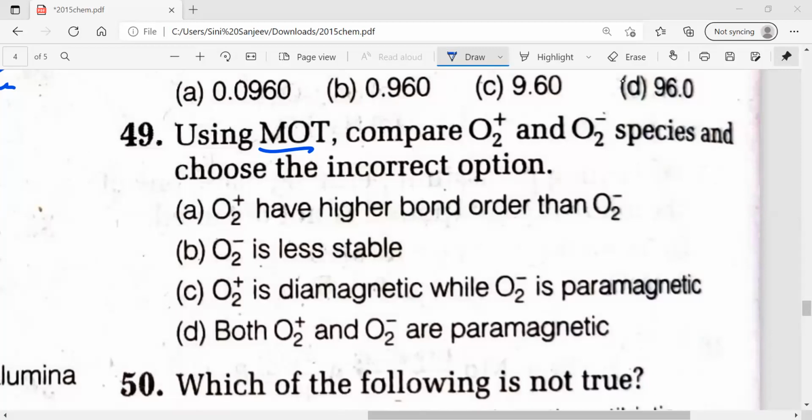Because here, even if you don't know MOT, you will be able to give the correct answer. My question is, is there anyone who does not know what is diamagnetic or paramagnetic here?